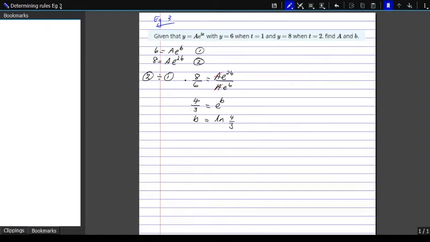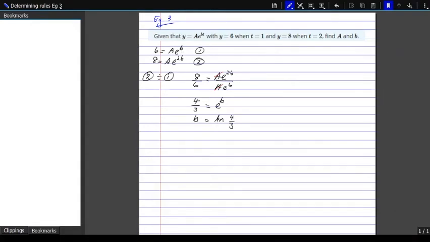If you need to rewind and have another look at how I work through that, then do that. So that's our b value. We can now substitute into equation 1. We've got e to the b equals 4/3, and we've got e to the b here, so we can directly replace our e to the b with 4/3.